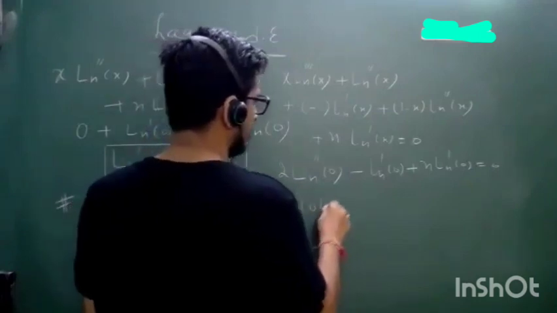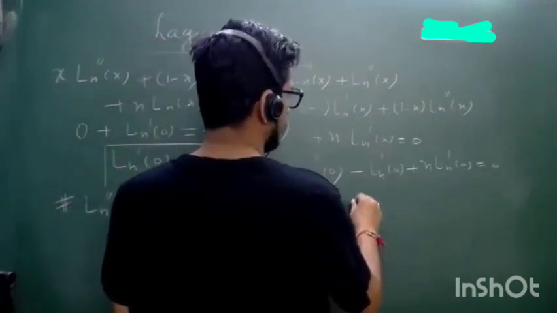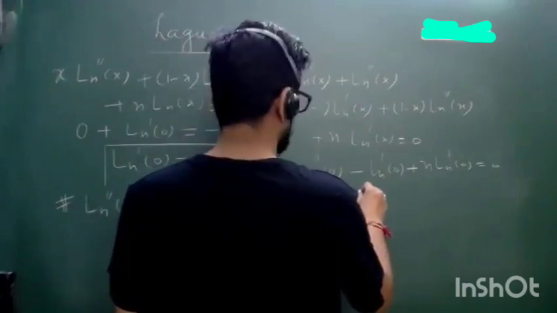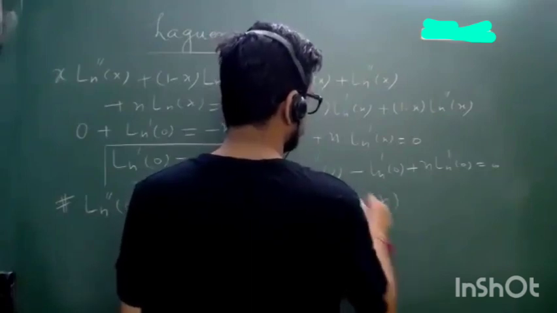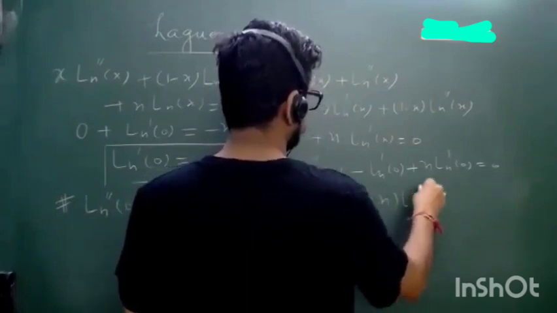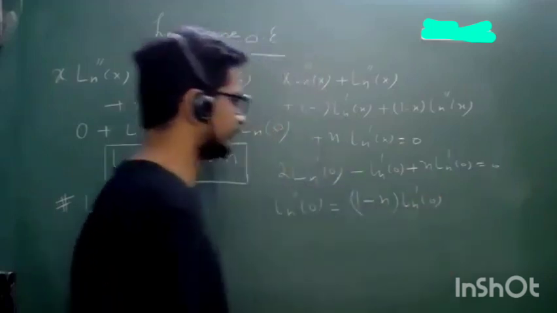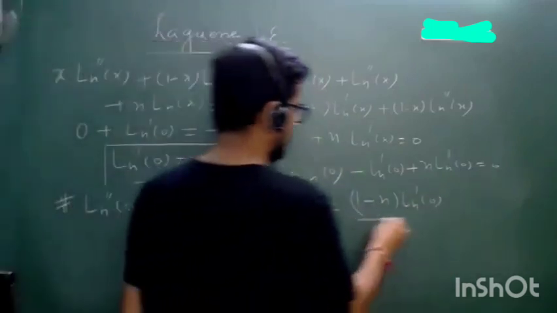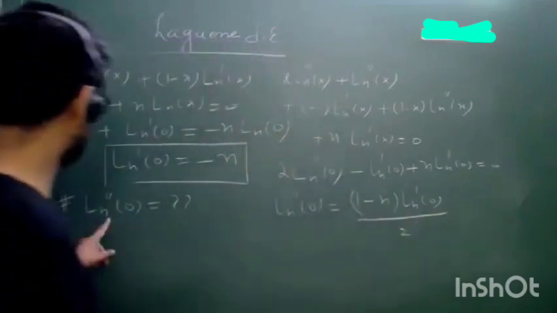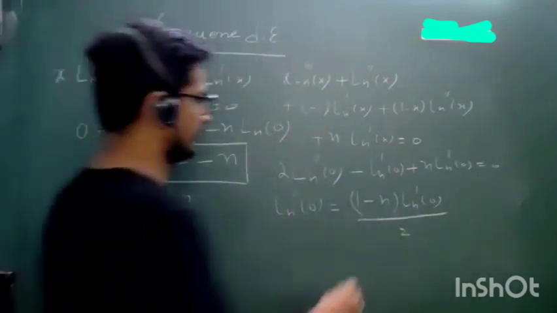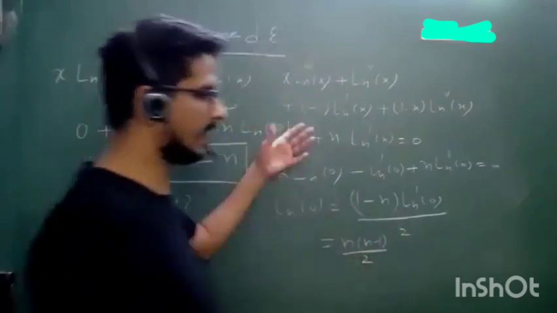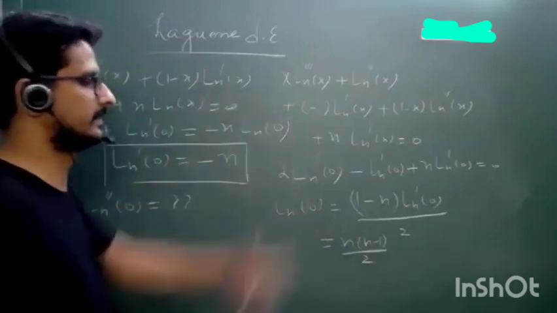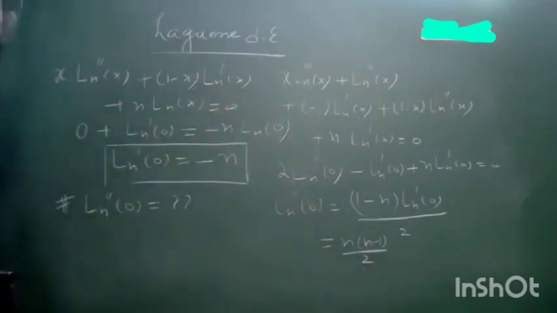Ln double dash 0 is equal to n into n minus 1 by 2, that is, 1 minus n Ln dash 0 by 2, n minus 1 upon 2. So Ln dash 0 is minus n, so it will become n into n minus 1 upon 2. So these small algebra you should be able to do. Otherwise, you can't remember so many things. Correct?